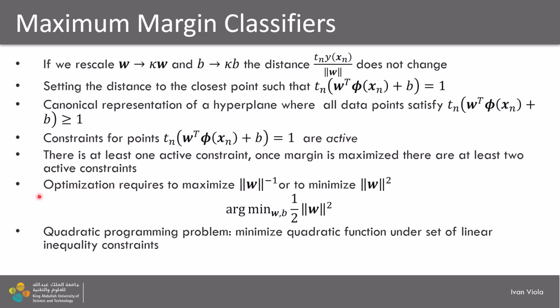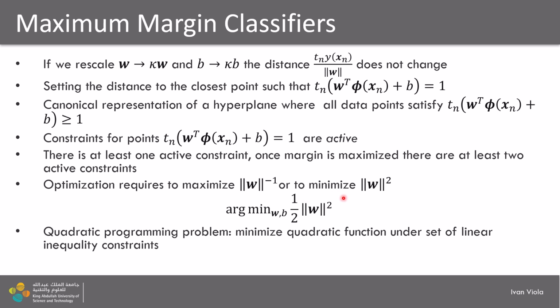Therefore, as we want to maximize the distance, we want to maximize 1 divided by the length of the weights.